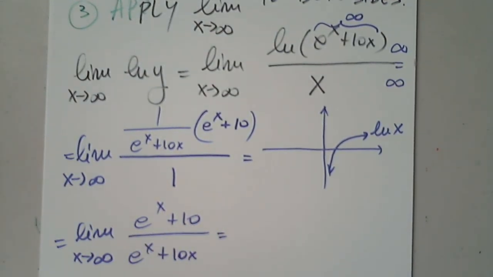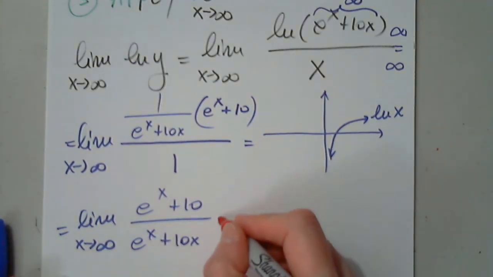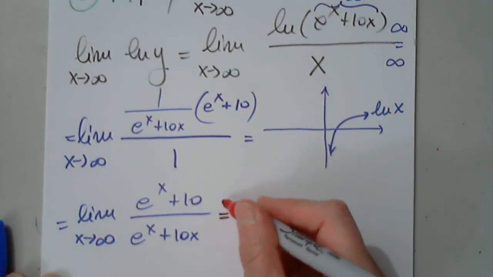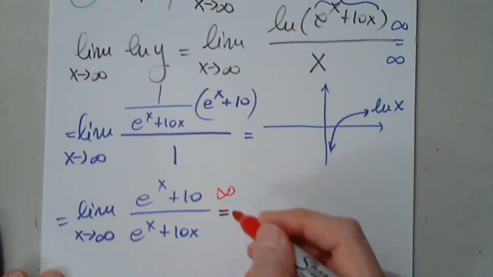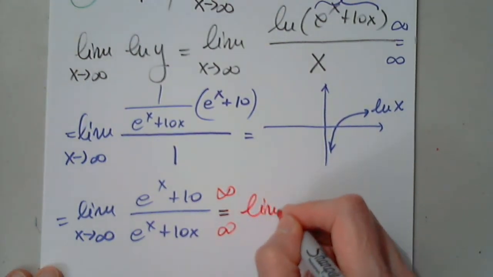What do I do next? Check the limits. Infinity. Good. Where is the top going? Infinity. And the denominator? Infinity. Good. Let's do it again.